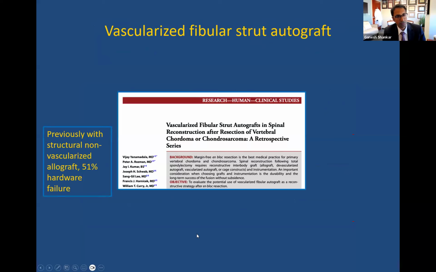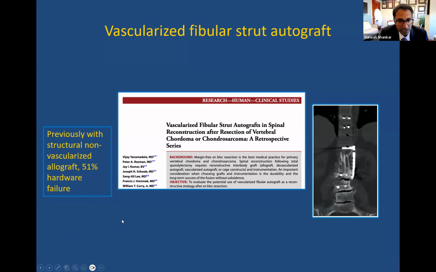And so here, as a group, we have looked at how patients do following these types of reconstructions, and Will Curry, together with Fran Hornacek and Dr. Schwab and some others in our group, have looked at the role of vascularized fibular strut grafts for the reconstruction to improve this rate of hardware failure, which can approach up to 51%.